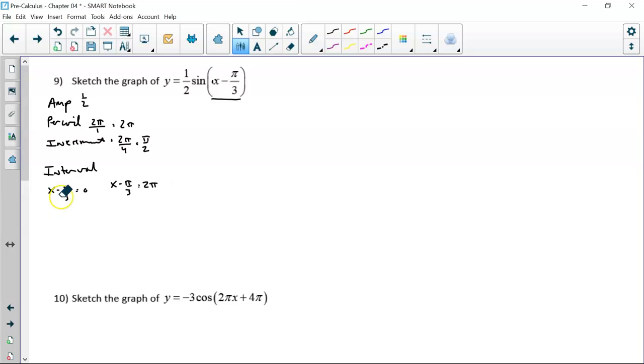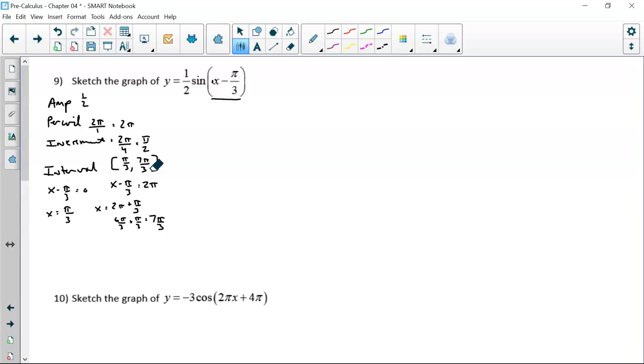So you add pi over 3 to both sides. So x equals pi over 3. That would be a starting point. And then the next one would be x equals 2 pi plus pi over 3. So that's 6 pi over 3 plus pi over 3 for 7 pi over 3. So for one interval, we're going from pi over 3 as our starting point to 7 pi over 3 as our next point.